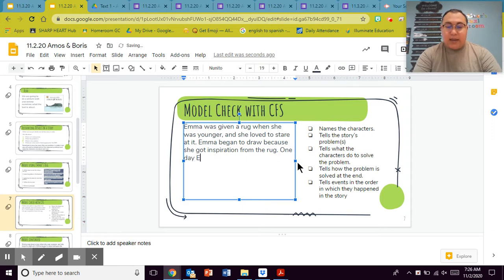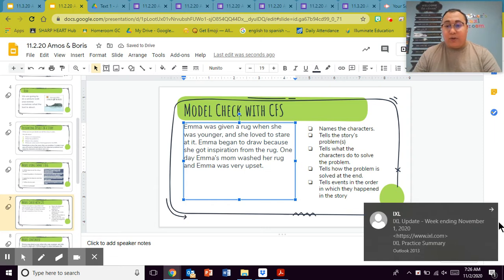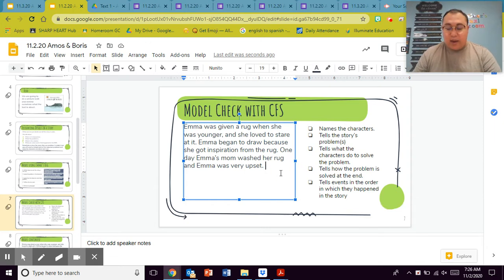So one day, Emma's mom washed her rug, and Emma was very upset. So now I've named the problem of the story, right? So now I'm going to think about something that happened in the middle. Emma stopped drawing and threw away all her art stuff.